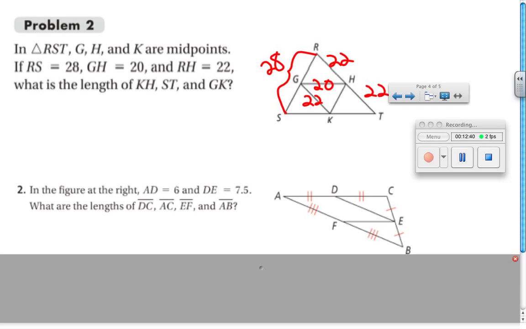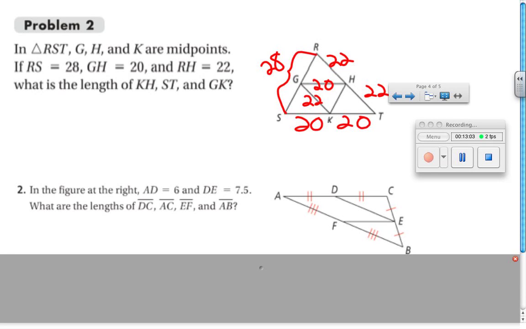And then, what else was I given? I was given that GH is 20. Is there anything else in this diagram that you see will be 20? Michael? SK is 20. And then, Haley? KT is also 20. Oh, look at all of that stuff I now know.